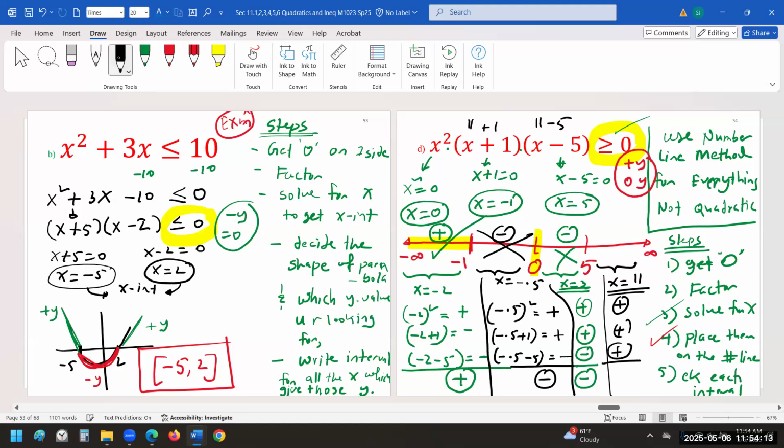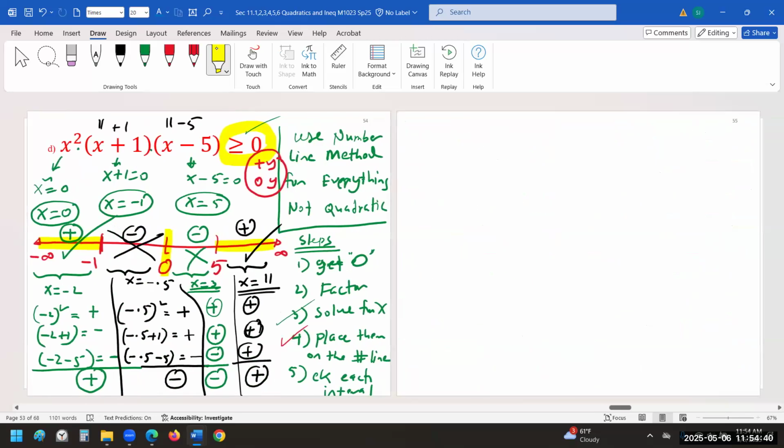If you multiply all of them, we get positive. And you're looking for positive, so we are going to take the last interval in our solution. Our solution looks weird. It's everything in this interval, and then 0, and then everything in this interval. So our solution has 3 parts.